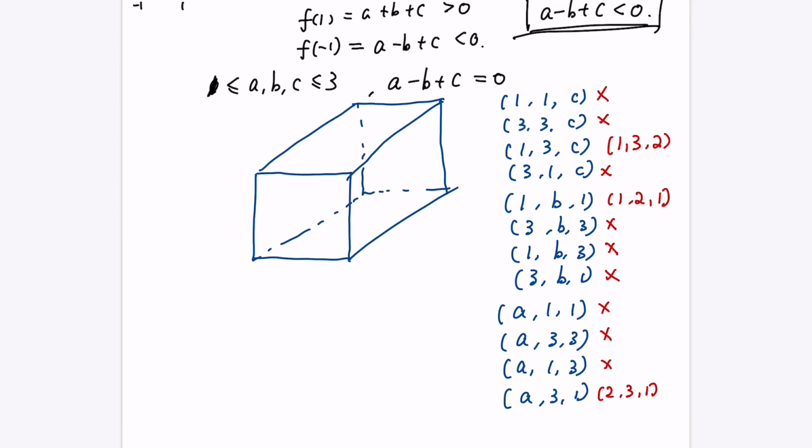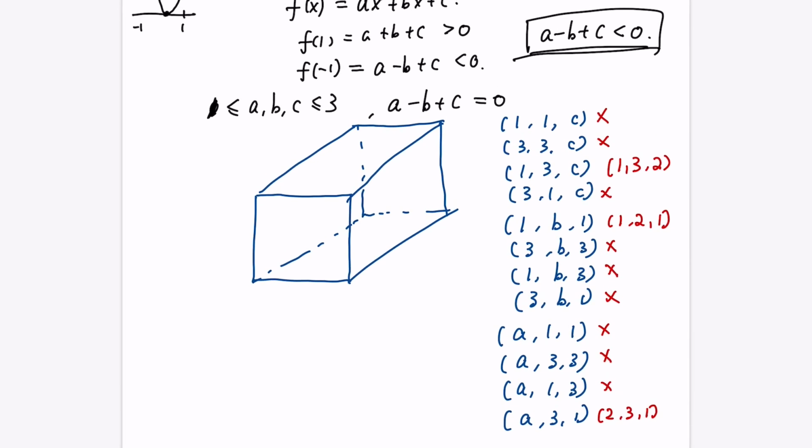So let's mark these 3 points on the figure on the left. We know that A is this direction, B is that direction, and C is the third direction. So where is 1, 3, 1? This would be the 1, 1, 1 point. Let me erase that.